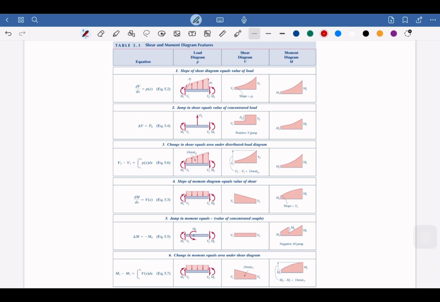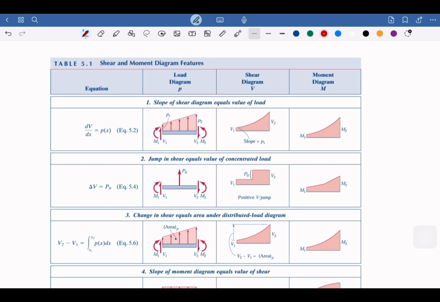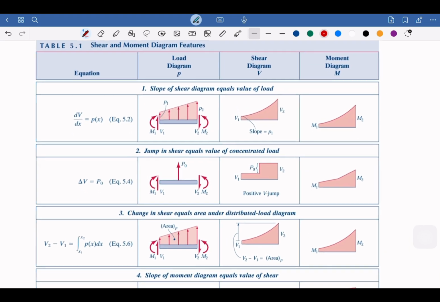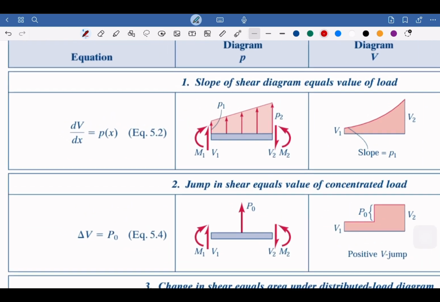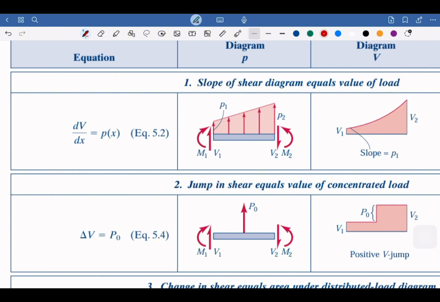So if we have this load diagram, you can see the load diagram, and based on the load diagram you have the equations, the left one. When you have this kind of distributed load, then the load is actually the derivative of the shear force, over the distance x.